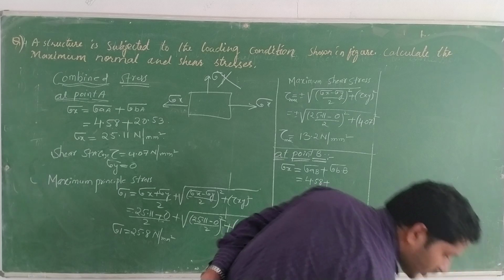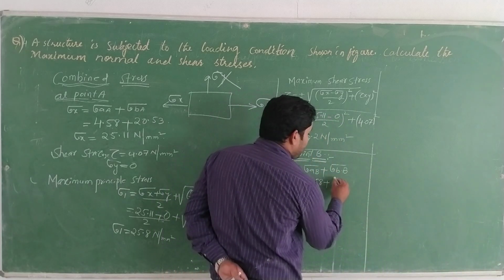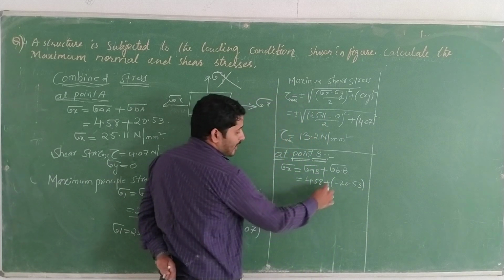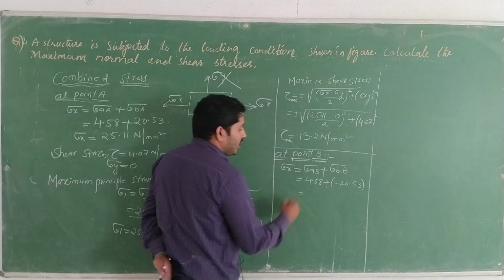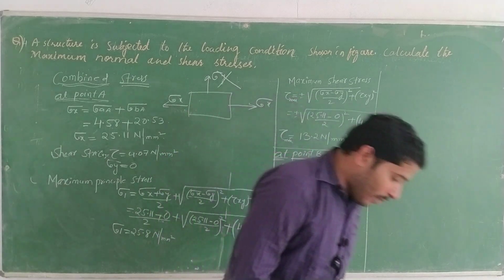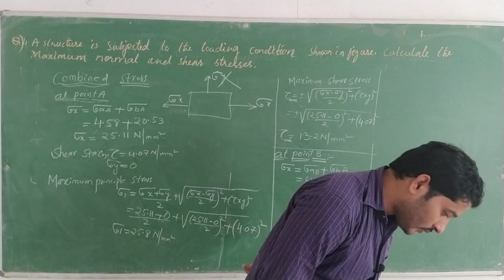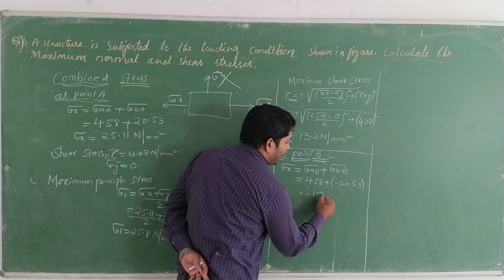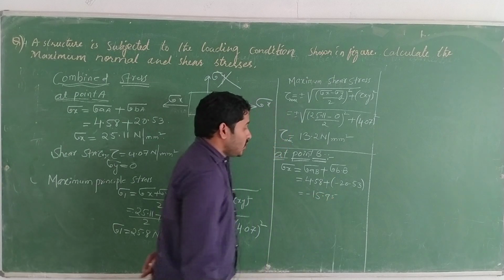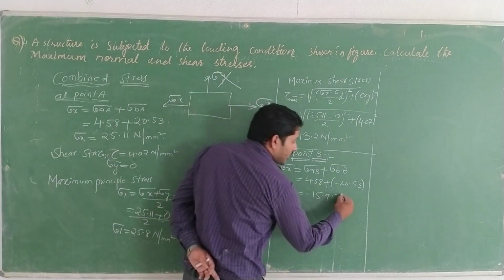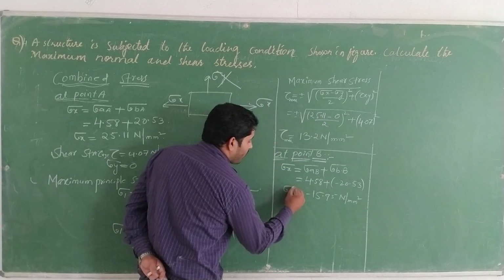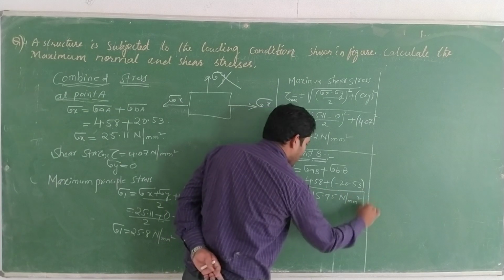The bending stress value is minus 20.53. If you subtract, you get 15.95. The unit is Newton per mm square. That is the value of sigma x.